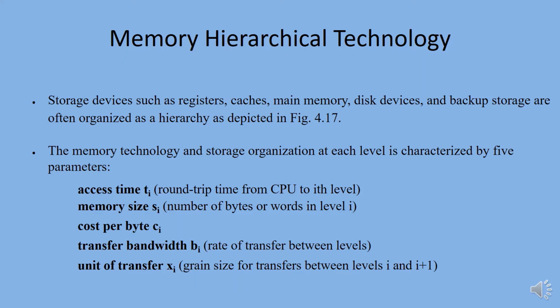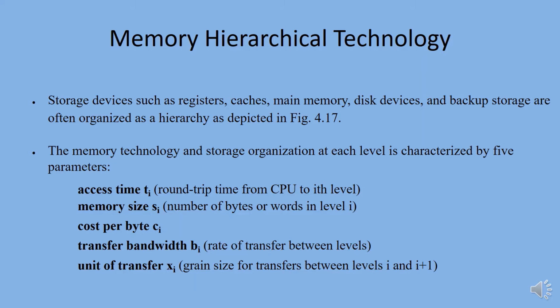The memory technology and storage organization at each level is characterized by five parameters. They are access time (Ti), memory size (Si), cost per byte (Ci), transfer bandwidth (Bi), and unit of transfer (Xi), where access time is the round trip time from the CPU to the ith level.